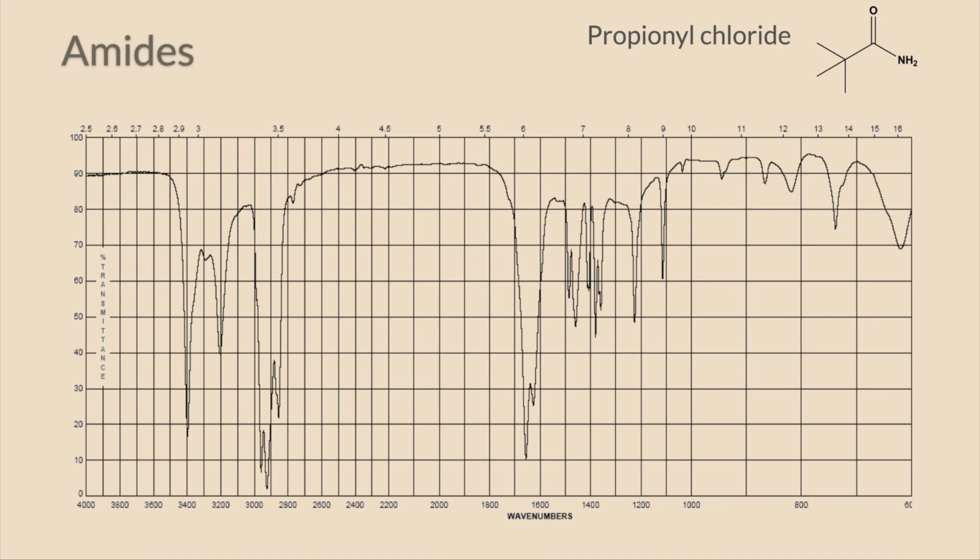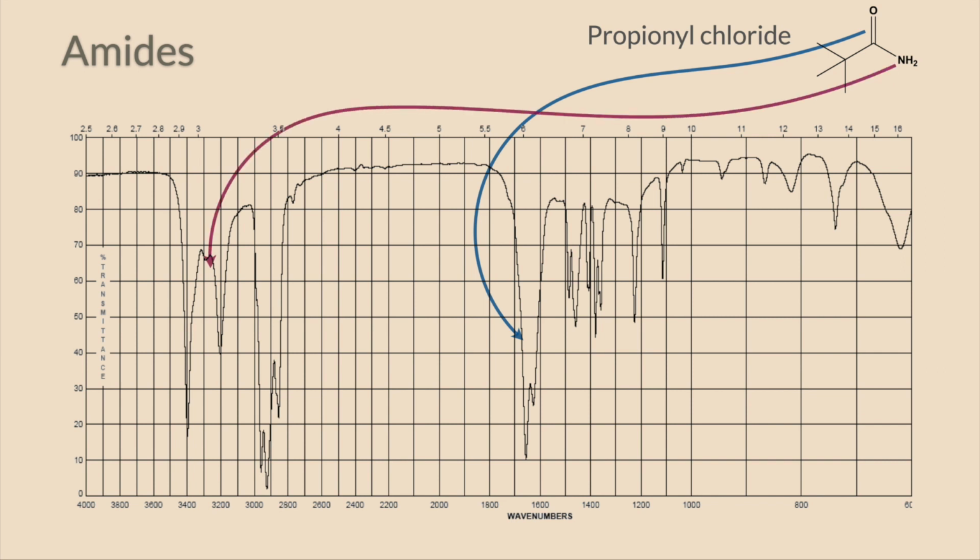Then the amides. The amides also have this particular stretching frequency of the carbonyl. So you have the carbonyl group, and apart from that, we also have the amide group, that is the NH2 group there. In this case it is an NH2, so it's a primary amide, therefore we'll have a doublet, similar to that in the case of an amine.